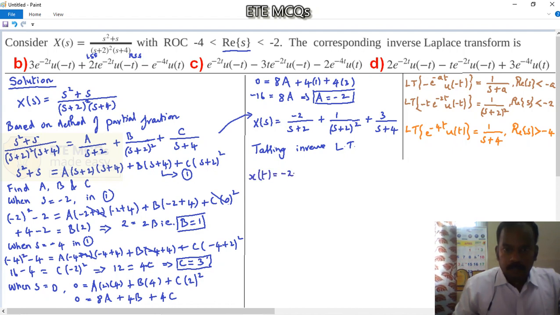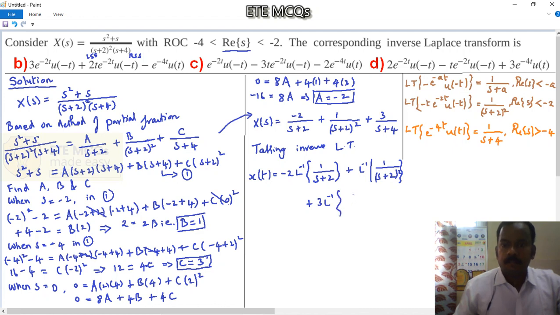Minus 2 is a constant, so you have minus 2 into Laplace inverse of 1 by s plus 2, which should be a left-sided sequence, plus Laplace inverse of 1 by s plus 2 the whole squared, and the next term is plus 3 times Laplace inverse of 1 by s plus 4, which should be a right-sided sequence.